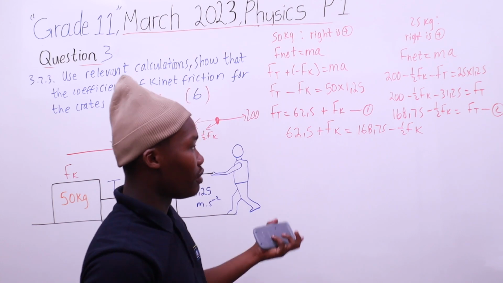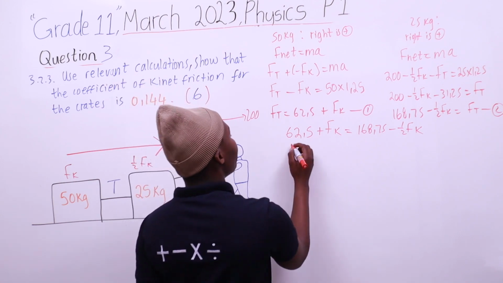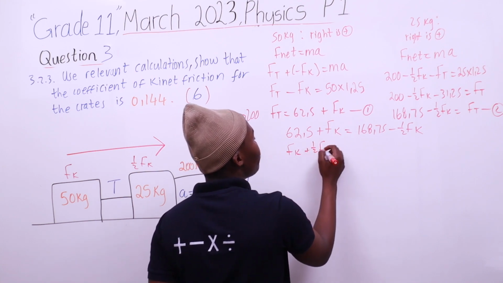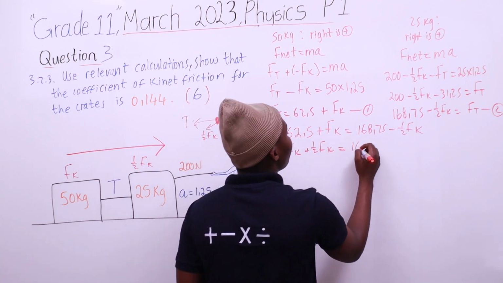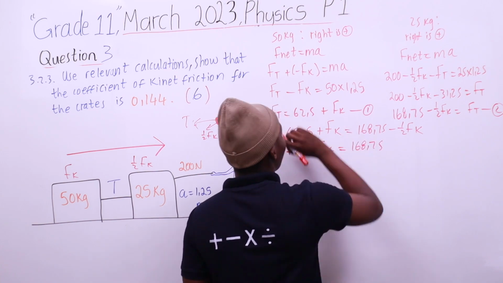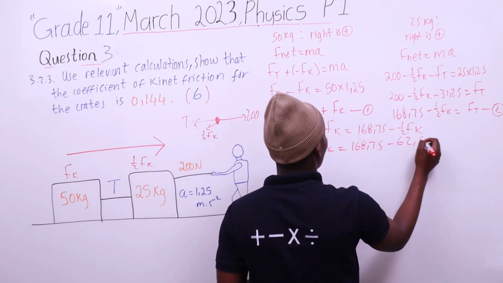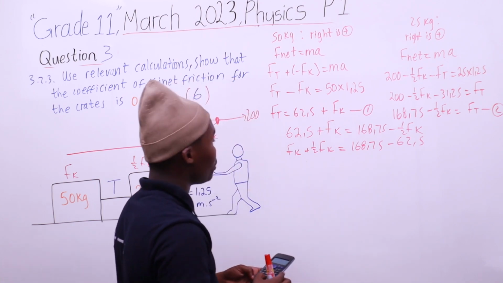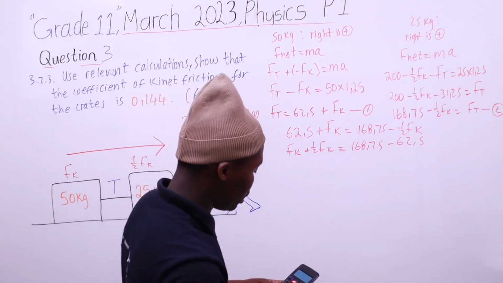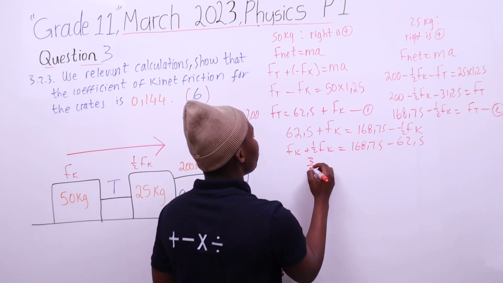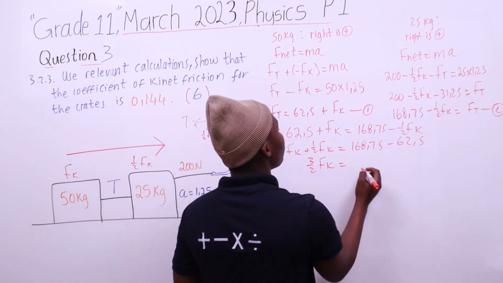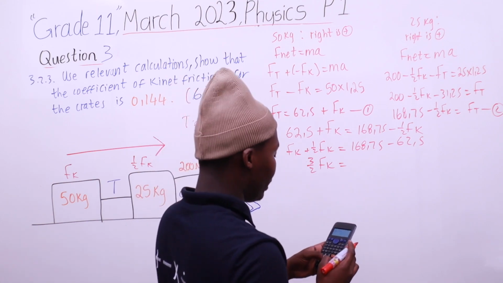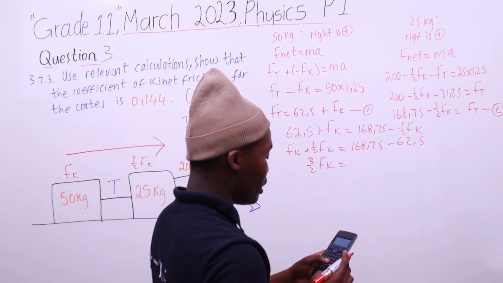Okay, so collecting like terms obviously fk plus 1 over 2 fk uzosinikeza 168,75 minus 62,5. So 1 plus 1 over 2, so 3 over 2, so this will be 3 over 2 fk uzolingana no 168,75 minus 62,5.